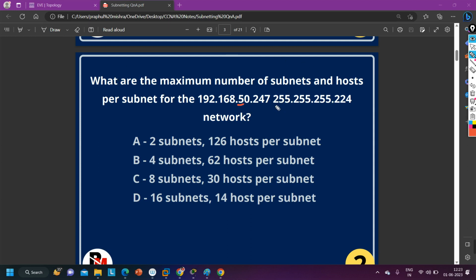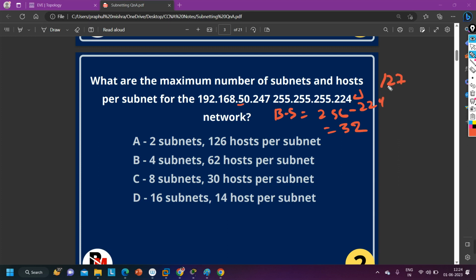What we can do directly, if we have the subnet mask in front of me, is find the block size. Yes or no? Yes. So block size will be 256 minus, see the last one present in this octet is 224, so it will be 32.